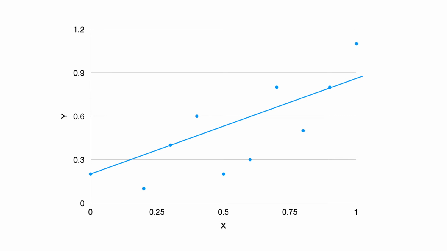Here's one more line that passes through 3 of the observed data points. This one seems to do a better job than the previous lines. In addition, it looks better to me because it seems closer to more points overall than the previous lines.